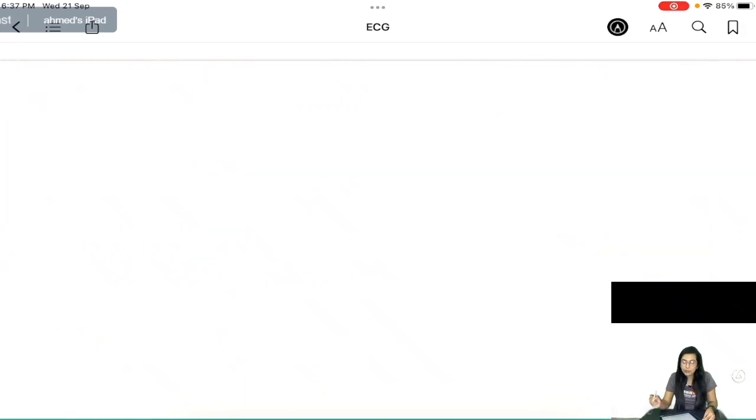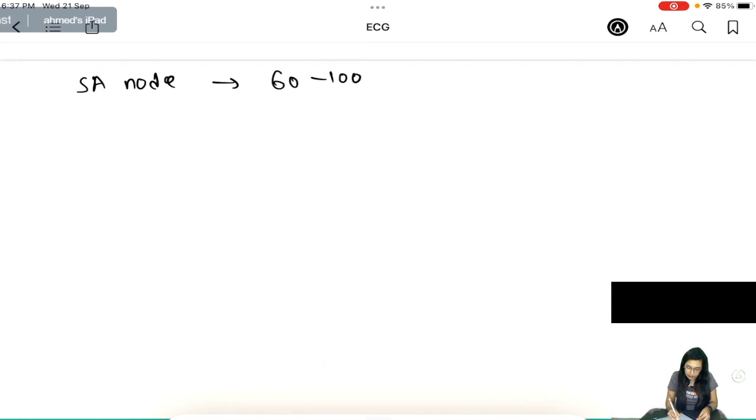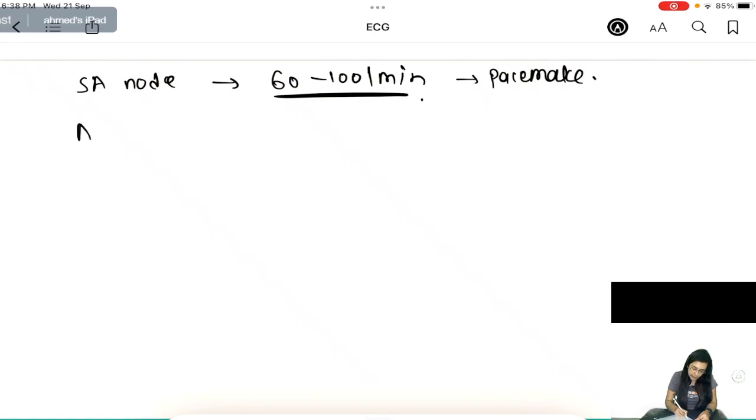Now we have to remember the firing rate of all the cardiac cells. For example, SA node is firing at the rate of 60 to 100 per minute. Okay, this is the highest rate. That's why it becomes the pacemaker. After that there is AV node and BOH, that is bundle of His.